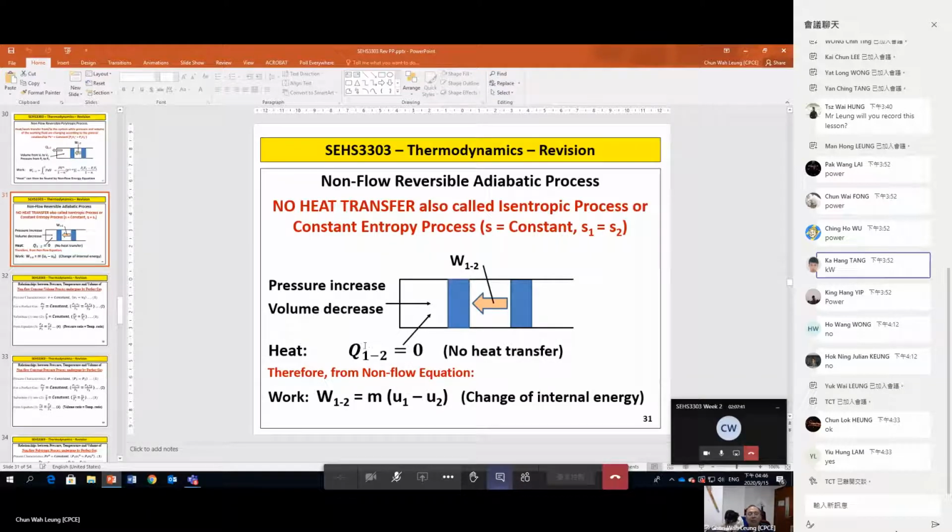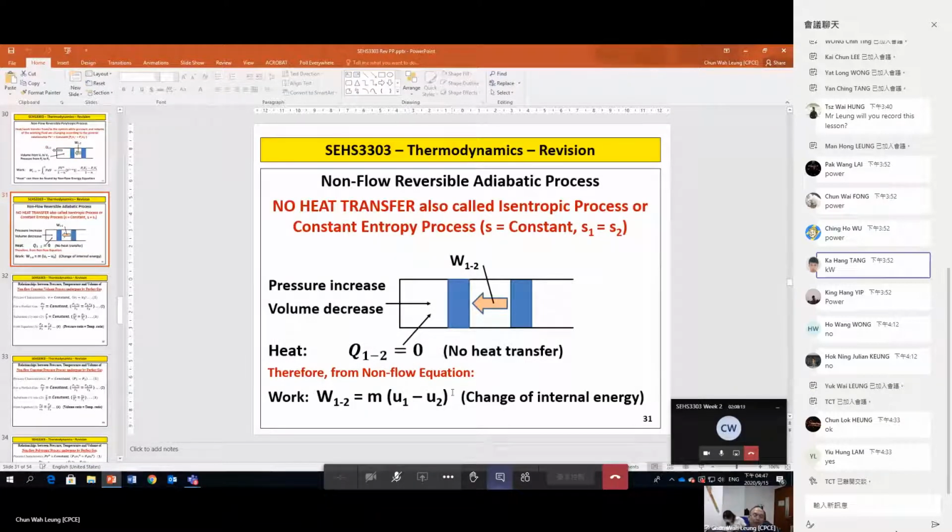If Q is 0, then the work done is simply equal to the mass times the change of internal energy. But this time it is U1 minus U2, not U2 minus U1. Why? Because before, the W had a negative sign, so we absorb the negative sign to the other side. Instead of U2 minus U1, we have U1 minus U2.